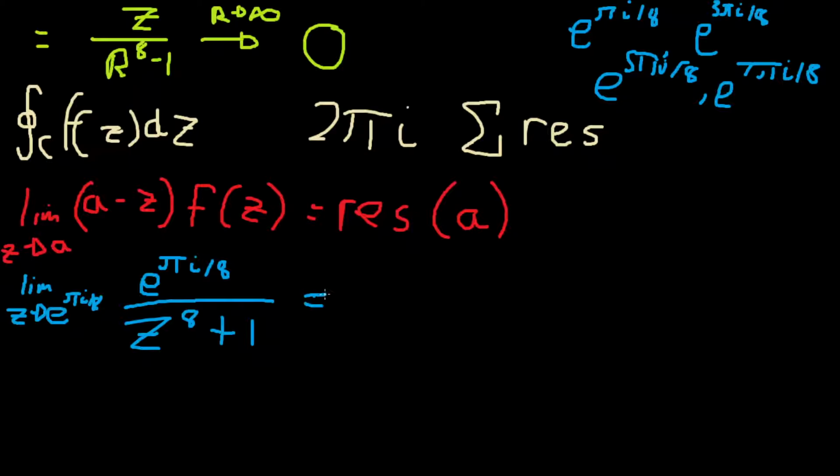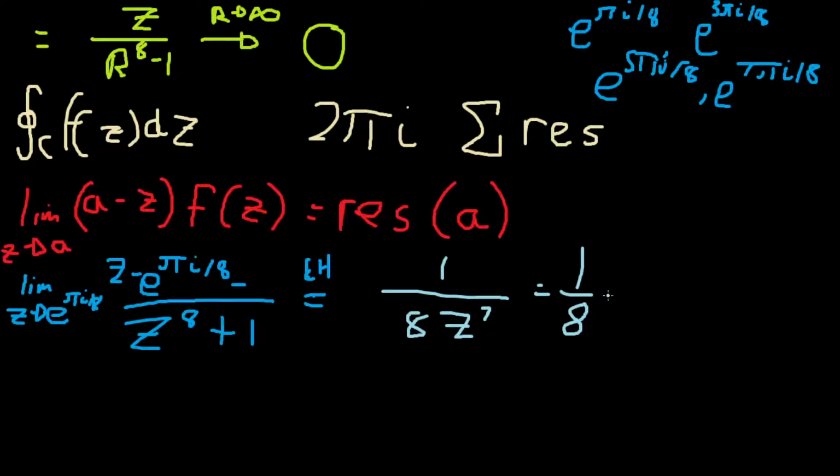We can see that this, by L'Hopital's rule, is just 1 over 8 z to the 7th power, which is just 1/8 times e to the negative 7 pi i over 8.